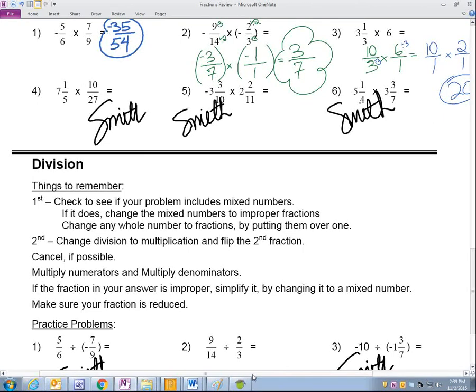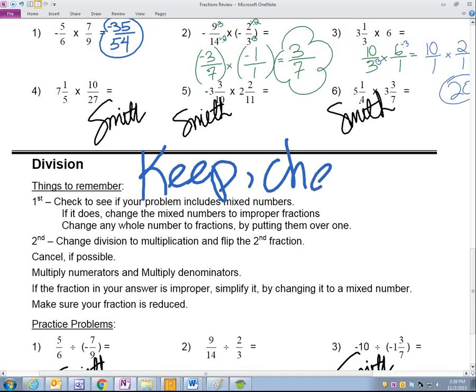Number 1 for division. The first thing to remember, check to see if your problem includes mixed numbers. If it does, I'm going to stop reading right there. You know why? Because there's only one thing to remember about this: keep, change, flip. That's the action. Everybody's going to know how we're dividing fractions.